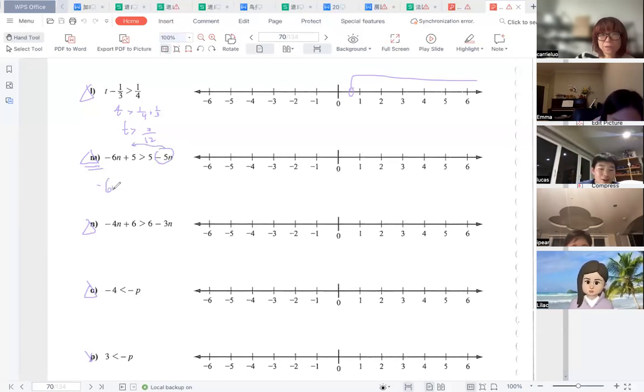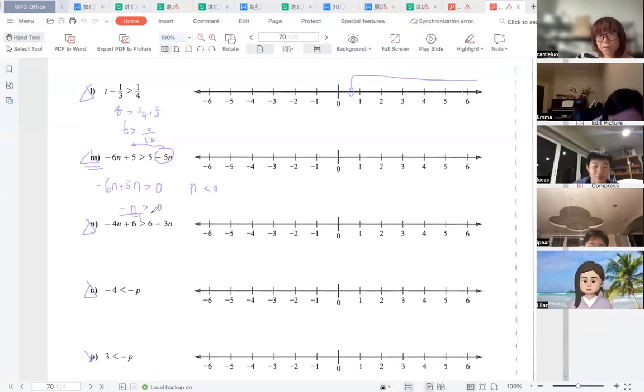Like -6n - 1 plus 5n is bigger than 0, so -n is bigger than 0, correct, Lucas? So n is what? N is smaller than 0. You divide by -1 on the left side and right side, and the sign needs to be changed. Get it? So n is smaller than 0. Get it, Lucas? Get it, Emma? Okay.